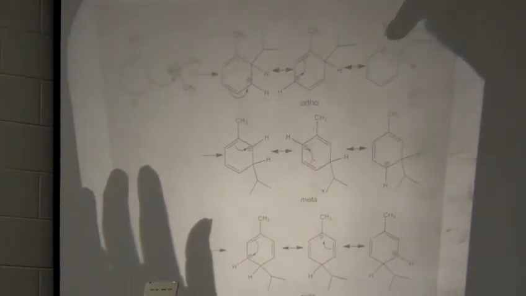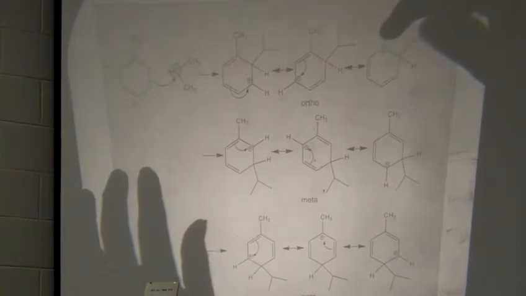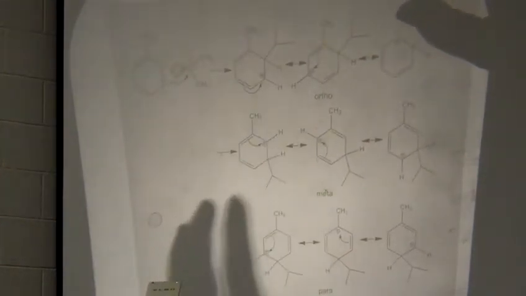So then you've got a tertiary carbocation. That's going to be more stable than anything that we could show for meta, right? Because all of these are going to be secondary carbocations, okay? But we've got a resonance structure that shows it as a tertiary carbocation for ortho and para. That is what contributes to saying that the ortho and para are going to be the kinetic products, okay?